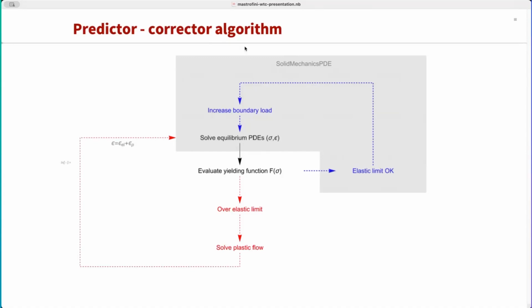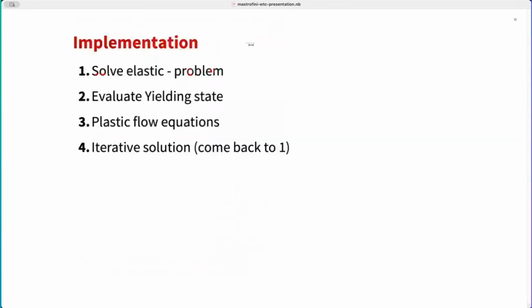If we are beyond the yielding point, we can write the previous set of equations that give us an evolution for the plastic variable, and then we can compute a new solution of the elastic problem, accounting for the evolution of the plastic variable.